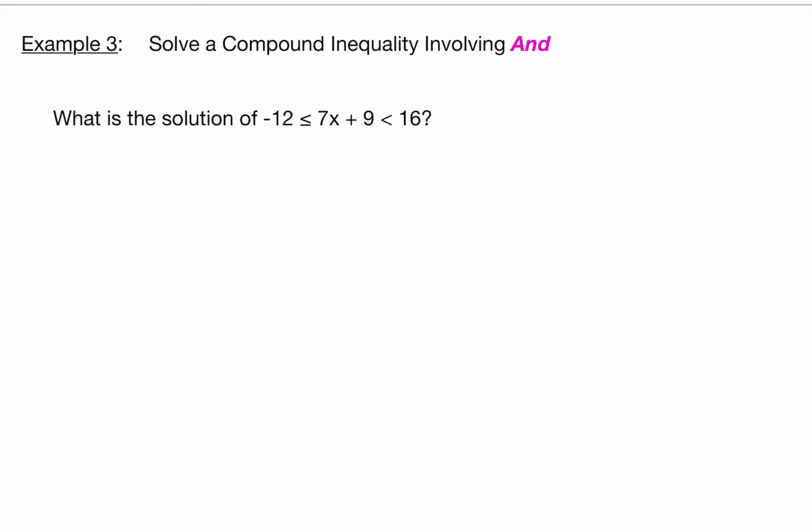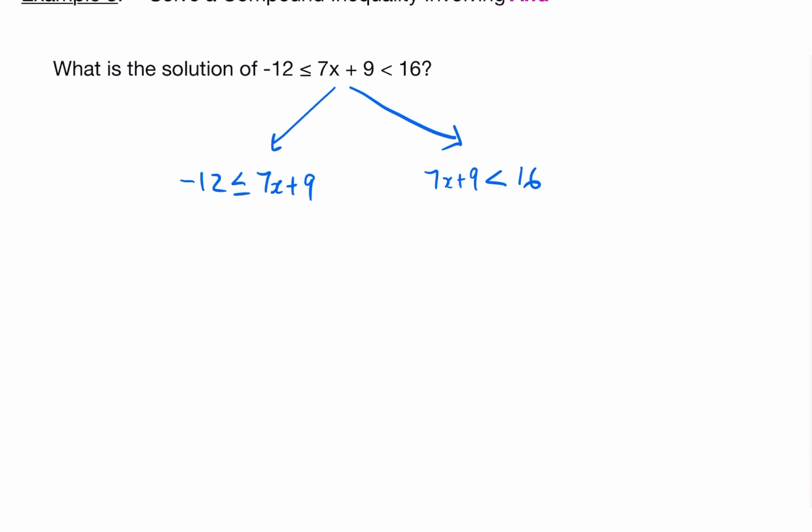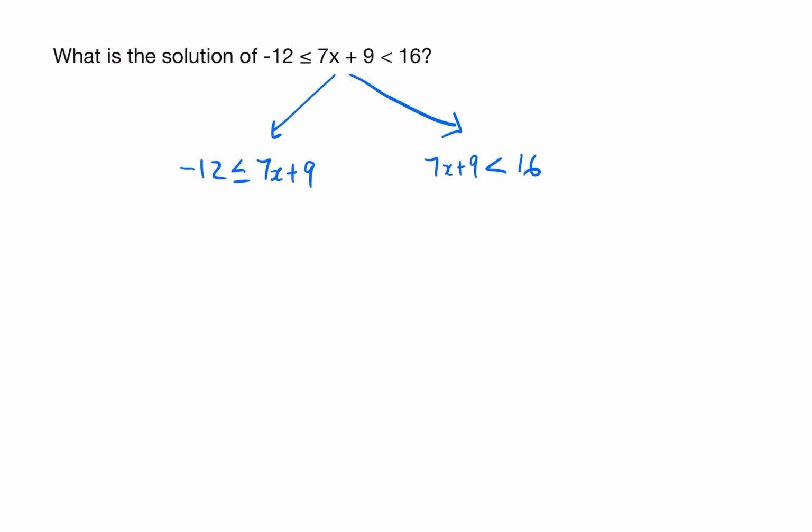To solve this, we're going to need to split this up into two parts. The first part is negative 12 less than or equal to 7x plus 9. And then the other part will be 7x plus 9 less than 16. We're going to solve both of these and see what we get.